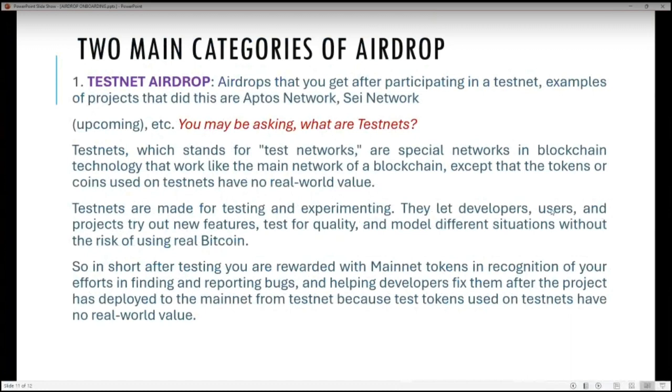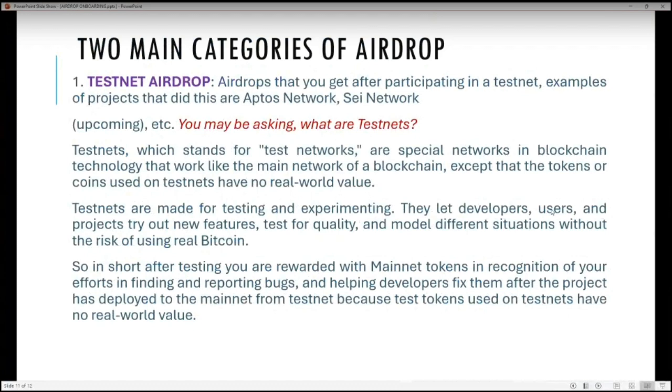So there are many more upcoming projects. You may be asking, what are testnets? Testnets, which stand for test networks, are special networks in blockchain technology that work like the main network of a blockchain, except that the tokens or coins used on testnet have no real value. Do you guys understand what I'm saying here? The tokens used on testnet don't have real value. You can't sell them. Testnets are made for testing and experimenting.